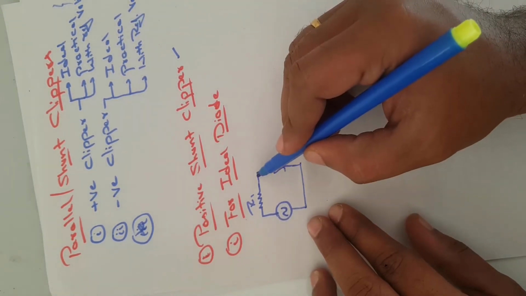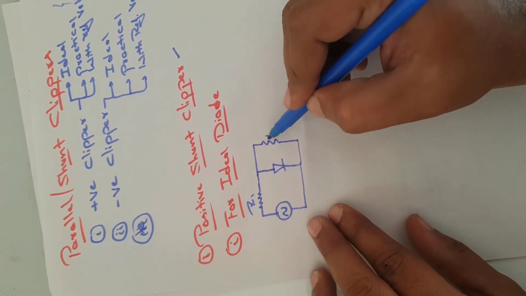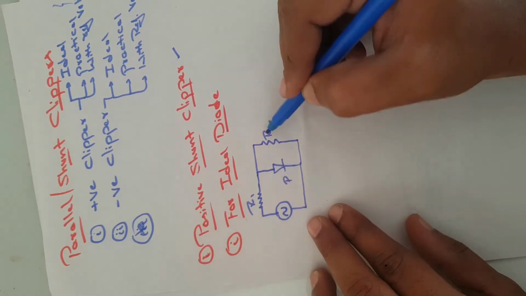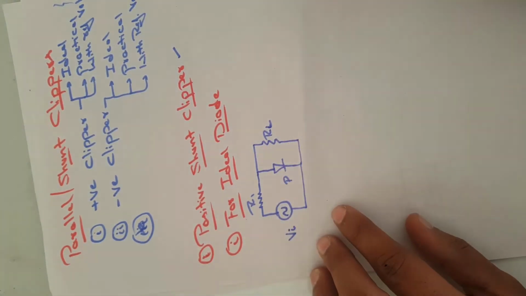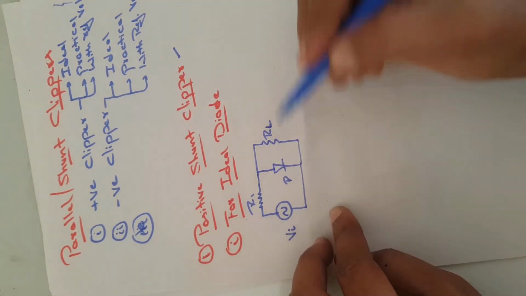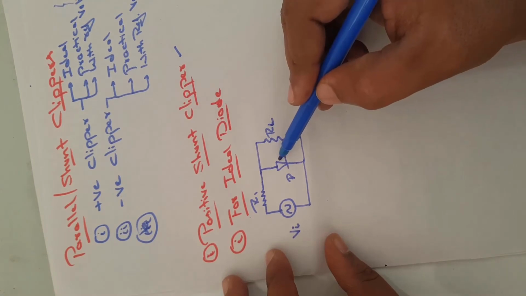And in order to measure the output voltage I will have one more load resistance here, let me call it RL. This is your input source Vi. So this is your circuit diagram for a positive shunt clipper.